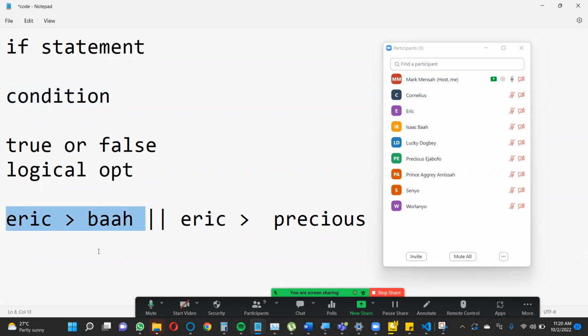So I can compare Eric and Ba, and I can compare Eric and Precious. I cannot compare Eric, Ba, and Precious because that is me comparing three things. If I want to compare more than two things at a time, I must use the logical operator or the logical operator and to compare the two.